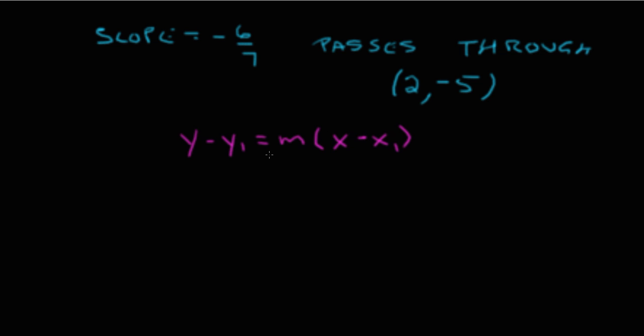And in this case, if we're given all the information, we just got to put it in the right order here. So y1 is the y-coordinate of a point that the line passes through, and we have that here as negative 5. So y minus a negative 5 equals m, our slope, which we're given as negative 6 over 7, times x minus x1. x1 is the x-coordinate of a point that the line passes through, and we're given that as 2.